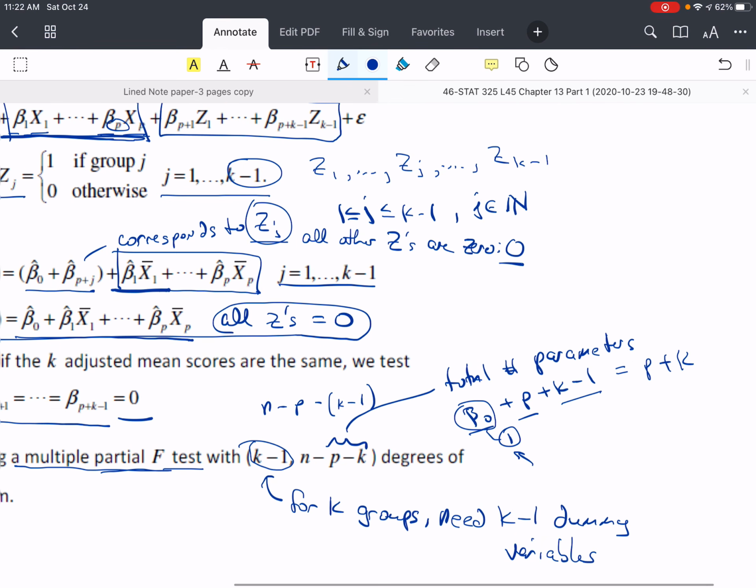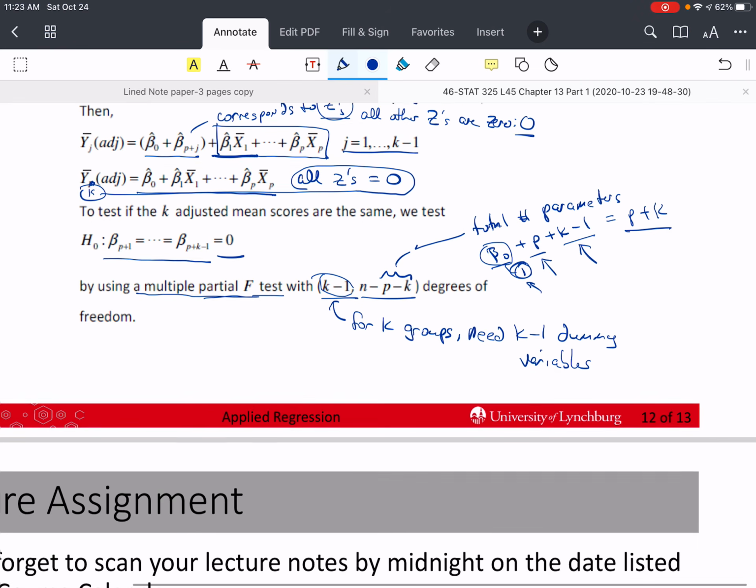So we're going to have p variables here, k minus 1 variables there, and then one more for the intercept. So we end up with p plus k, not p plus k minus 1. That's a better explanation than the earlier one. So these are our degrees of freedom: k minus 1 and n minus p minus k. That's something good to know as well.